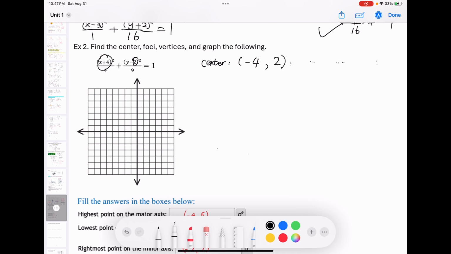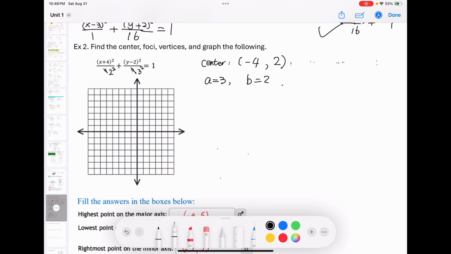Next step, let's find our a and b. A is the biggest number under the x or y. I see 9, and 9 is equal to 3 squared. I'll convert the 9 to 3 squared, and 4 is 2 squared. Now I can tell what a is. A is equal to 3 and b is equal to 2.